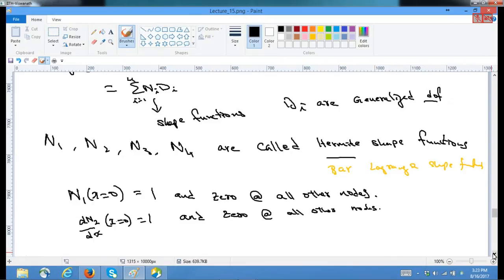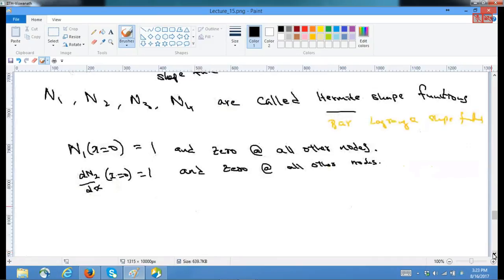So that means there are certain characteristics. In a beam element, if you remember, in the bar element the summation of n_i is equal to 1. The property of the Lagrange shape functions is that their sum, evaluated at any given point, is equal to 1.